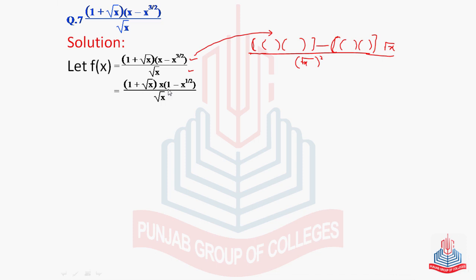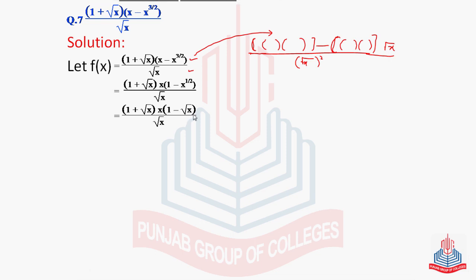So our simplification is this: 1 plus square root of x will be as it is, and here we can take x as a common factor, so that will be 1 minus x raised to the power 1 by 2. This square root will be as it is. We can write it as 1 plus square root of x, x into 1 minus square root of x.